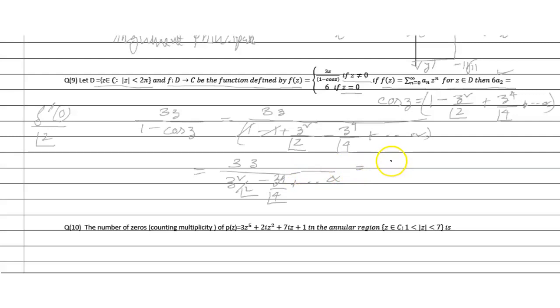I can take common 3z divided by z square by 2 factorial, and it can be written this way: 1 minus 2 into z to the power 4 by 4 factorial, up to infinity.